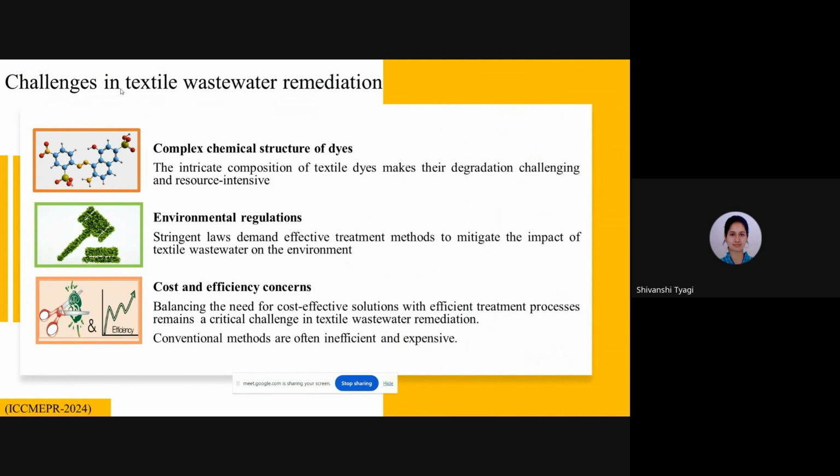Coming to environmental regulations, there have been laws for the disposal of this water, but many small-scale industries do not follow, as this is a cost. It is an expensive process, and the conventional methods which are widely available are actually inefficient and expensive, and that is the main reason the small-scale industries are not following these laws.